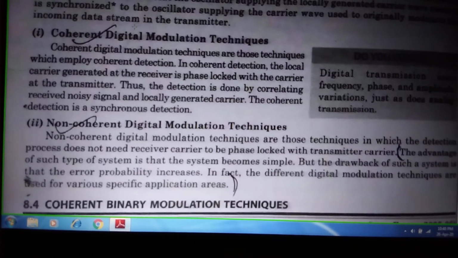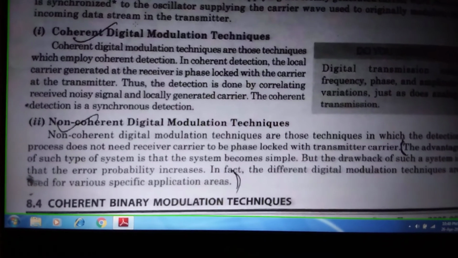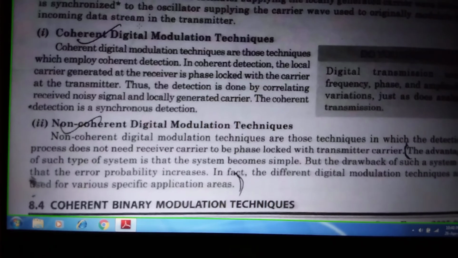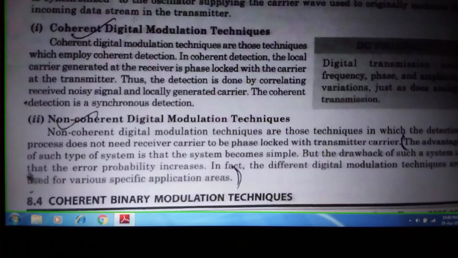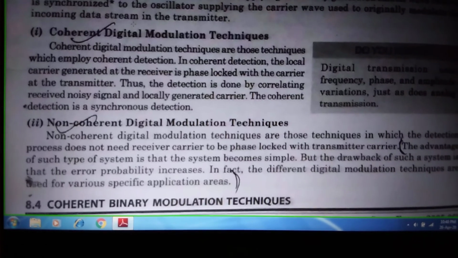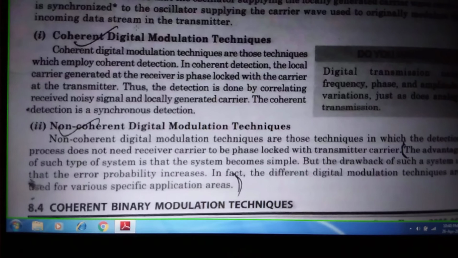In non-coherent digital modulation techniques, obviously the opposite thing will happen. That means there should be no synchronization between the transmitter and the receiver. The advantage of non-coherent digital modulation is that the system becomes simple.